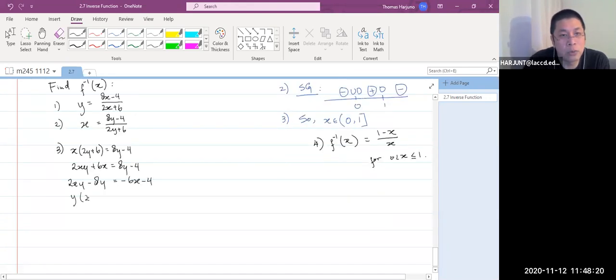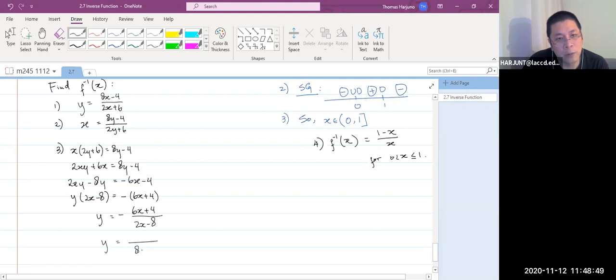y times (2x minus 8) equals negative of (6x plus 4). I factor the negative out. So y is equal to negative of (6x plus 4) over (2x minus 8). You know what? I will reverse the order of subtraction at the bottom so that I get rid of that negative.